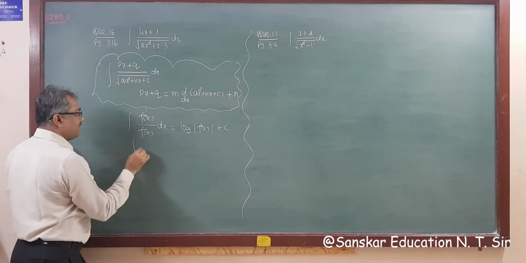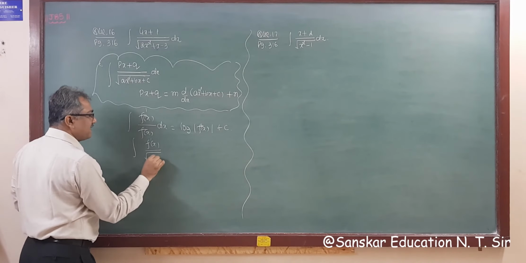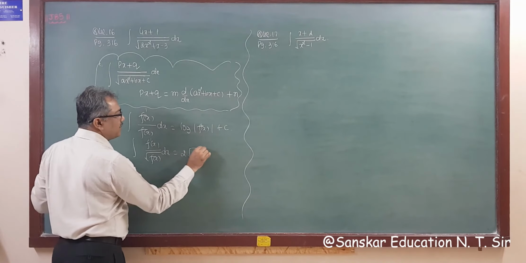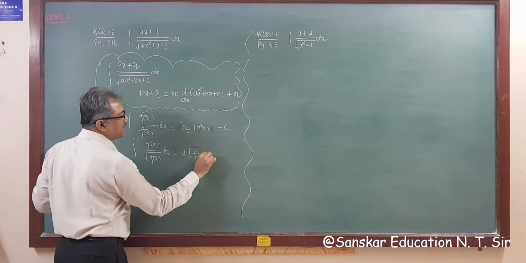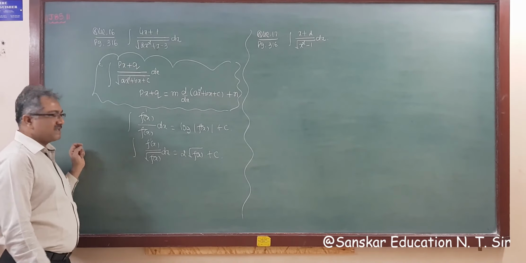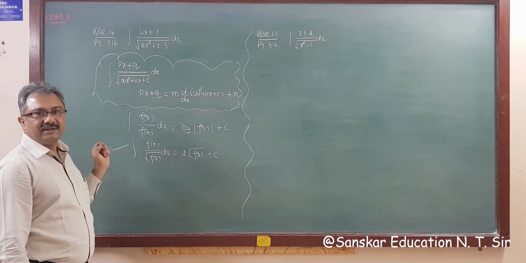And if it is given f dash x upon root f x dx, then the answer is 2 times root f x plus c.